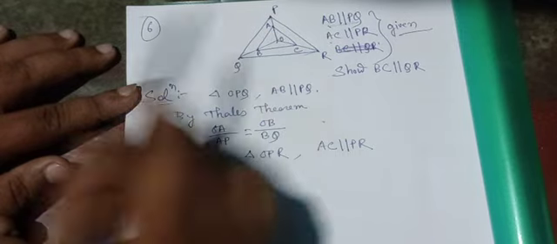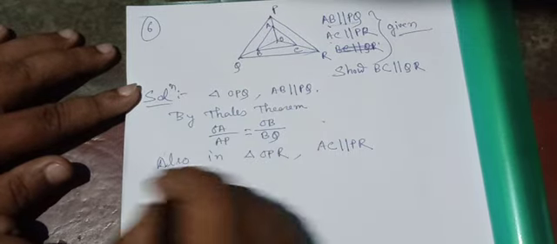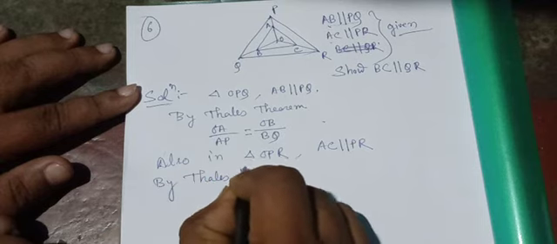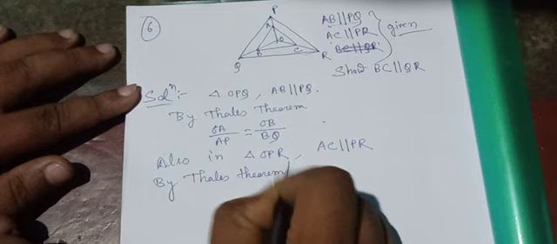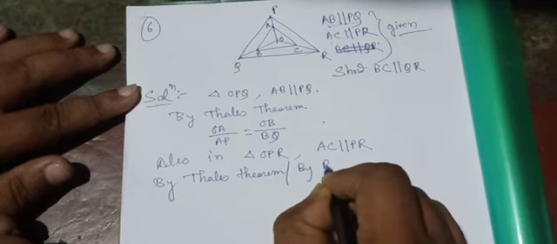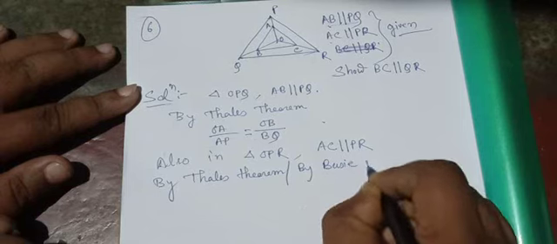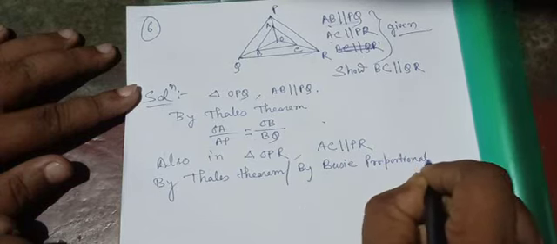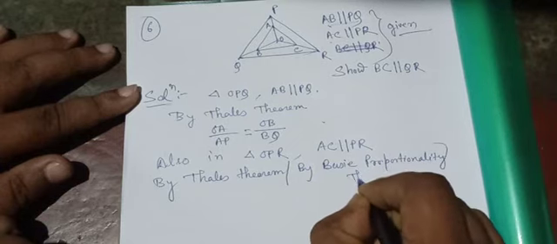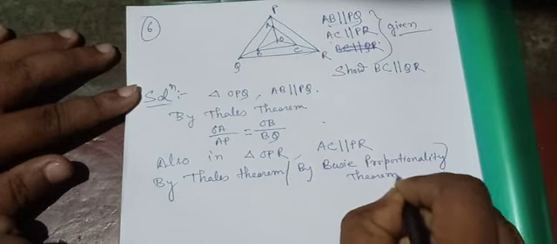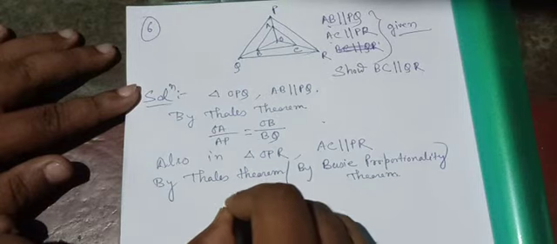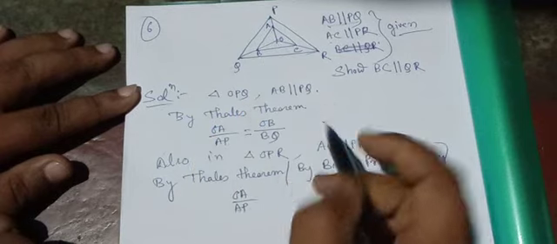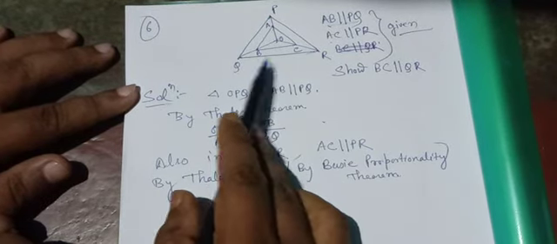Then by the basic proportionality theorem, we can write that OA by AP equals OC by CR.